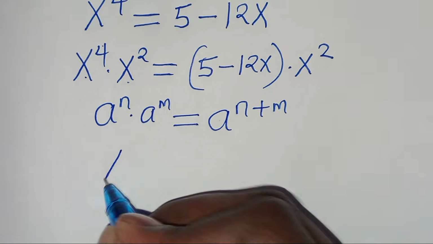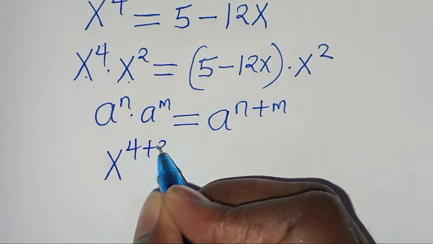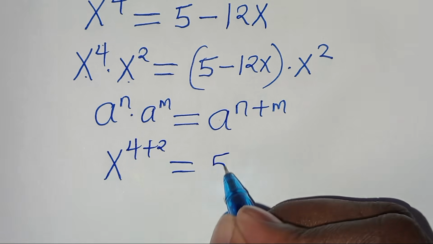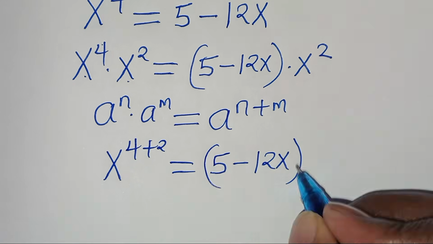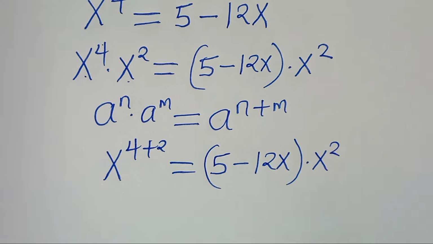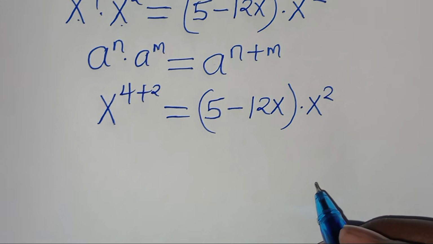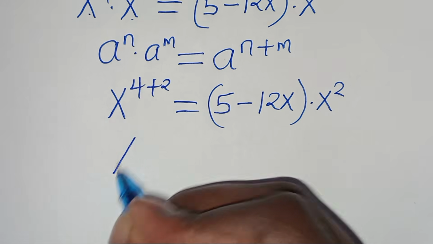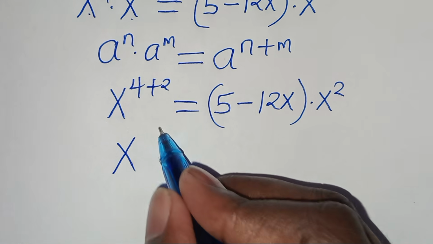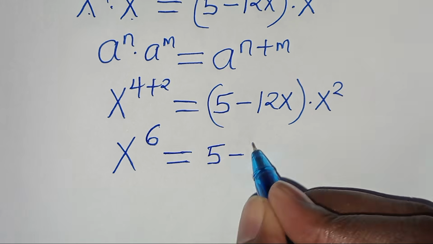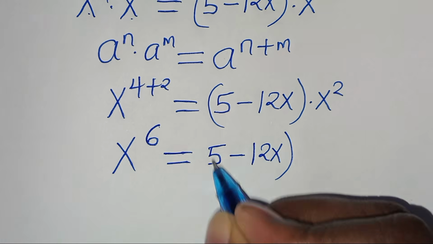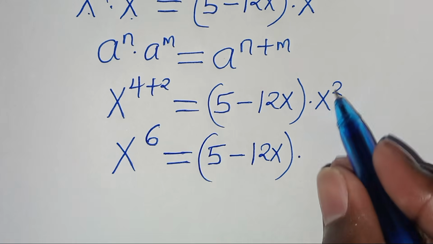So we have x to the power of 4 plus 2 equal to 5 minus 12x multiplied by x to the power of 2. Now x to the power of 4 plus 2 is x to the power of 6, equal to 5 minus 12x multiplied by x to the power of 2.